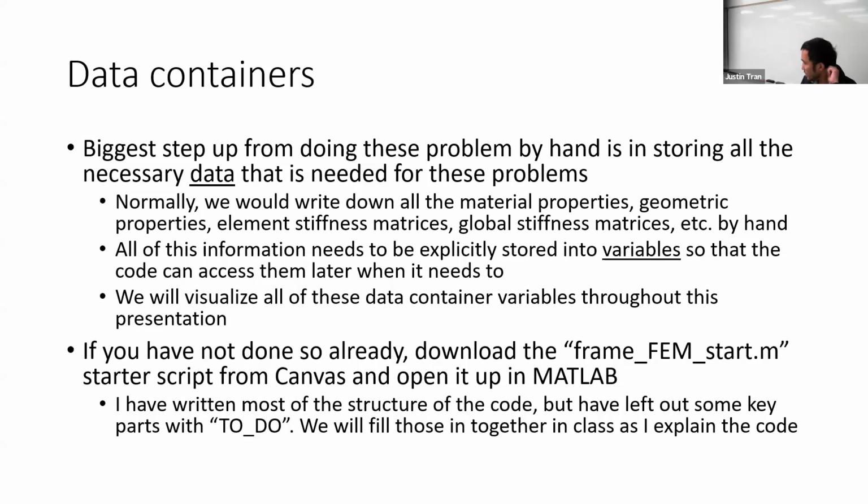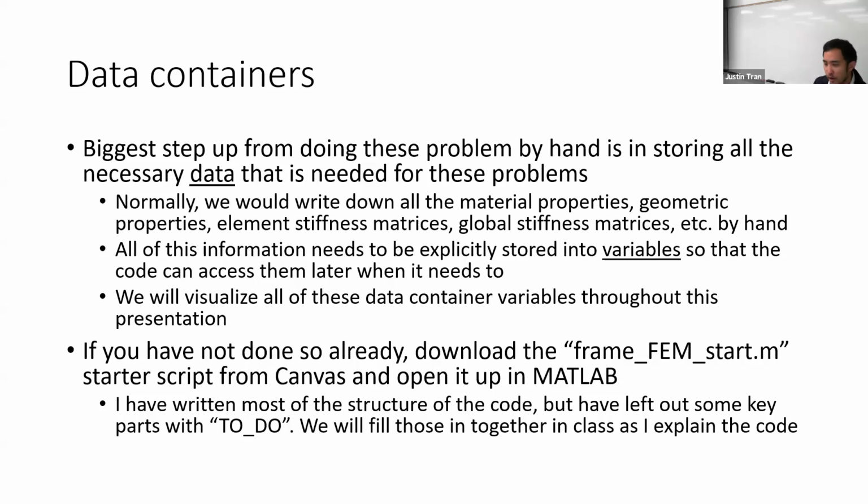So let's say you compute the element stiffness matrix for element 1, right? You write it down on a piece of paper. You're going to use that information again later on, and you're going to refer to it from your calculations before. The main difference is that when you're writing code, you have to be explicit in the step. So whenever you compute something, you have to save it to a variable so that you can use it later.